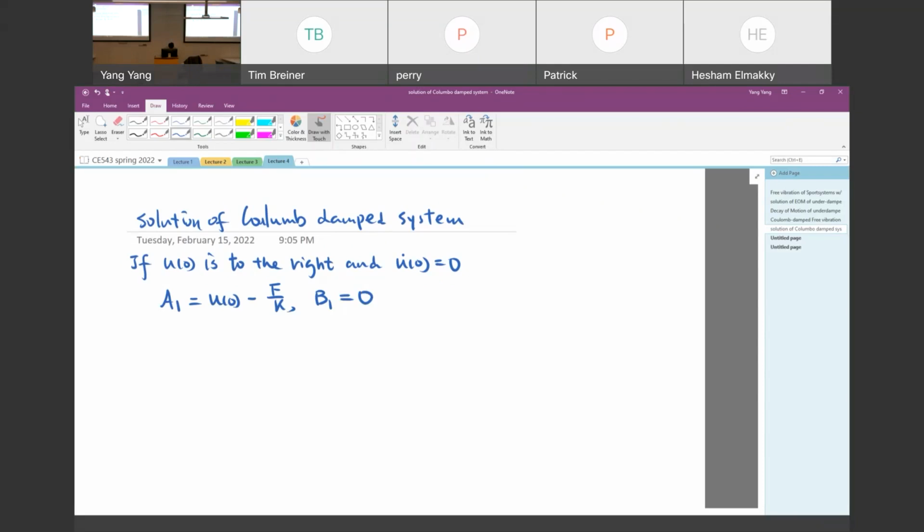So that we can have, when the time is equal to pi over omega n, if we look at the displacement at the end of one half cycle.